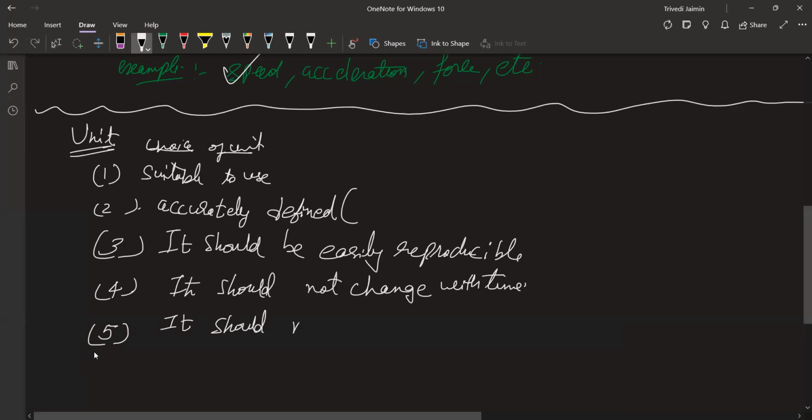It should not change with change in physical condition.